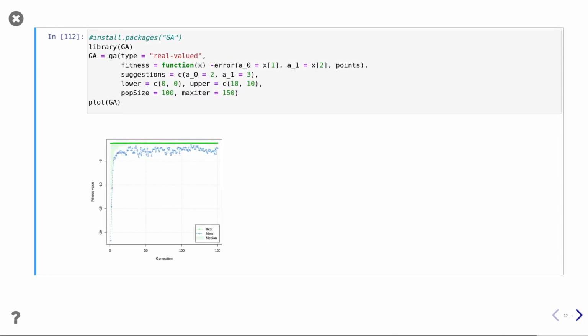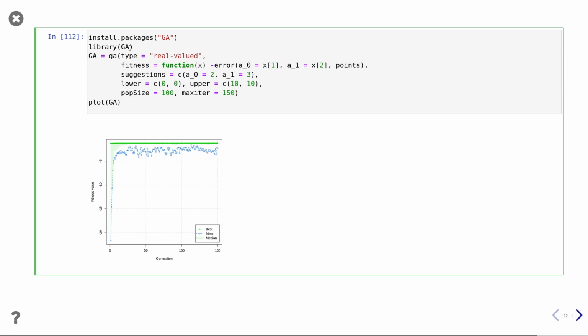So let's do this. I'll make the remark just in passing. This that I've commented out, if you're running the code on CZG, you'll first need to uncomment this because GA, for genetic algorithm, is a library and it's not installed by default on CZG.